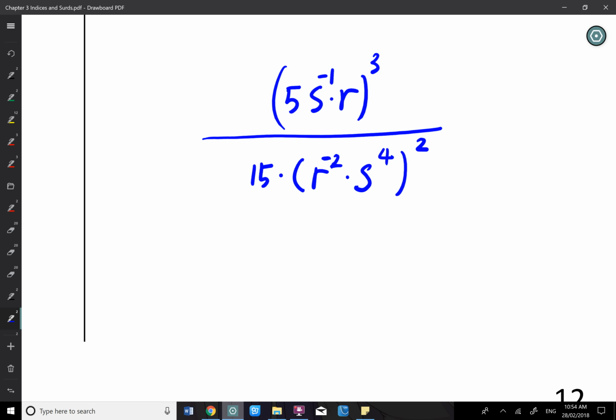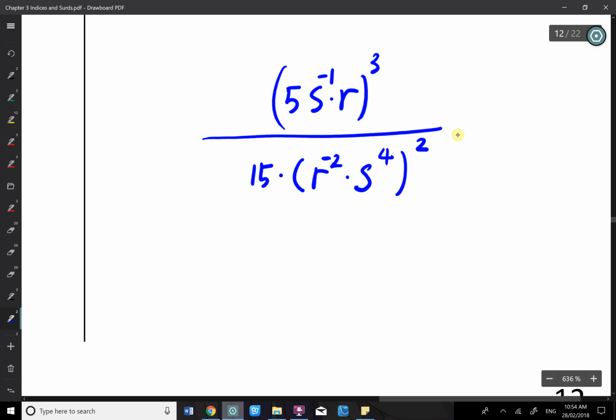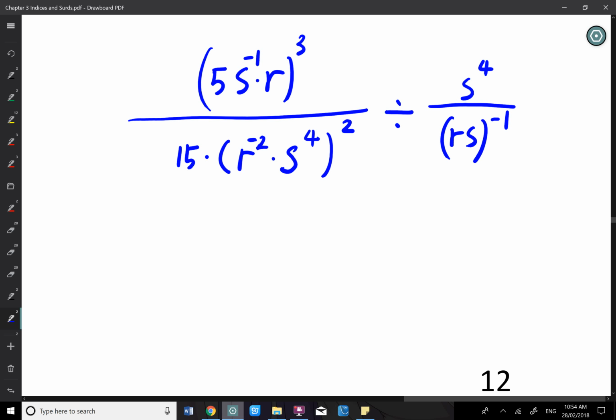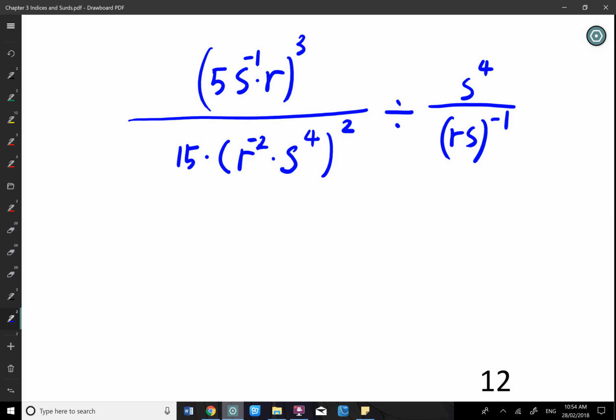I think that question is even harder. They divide something as well. Something like that. They just make it complex, but all the calculation will be the same.